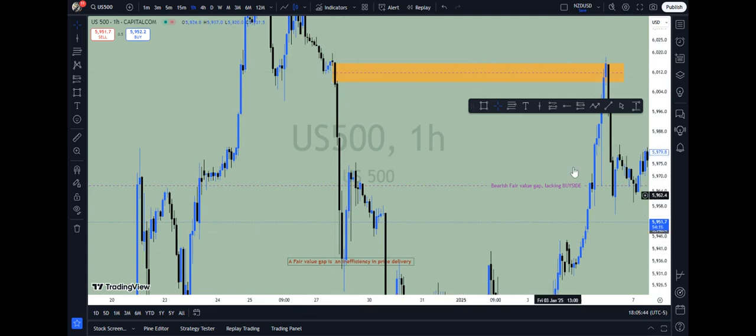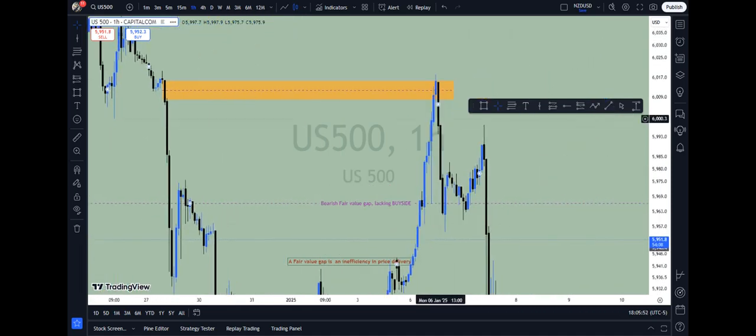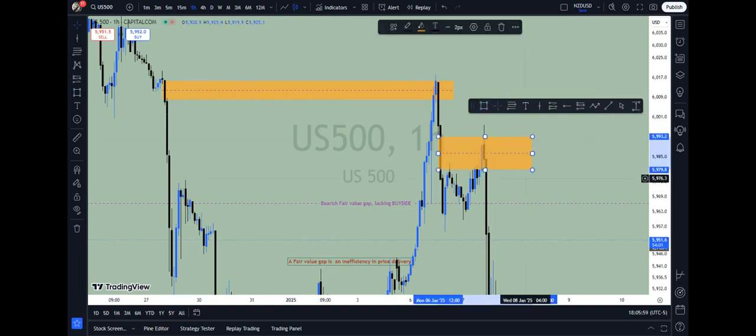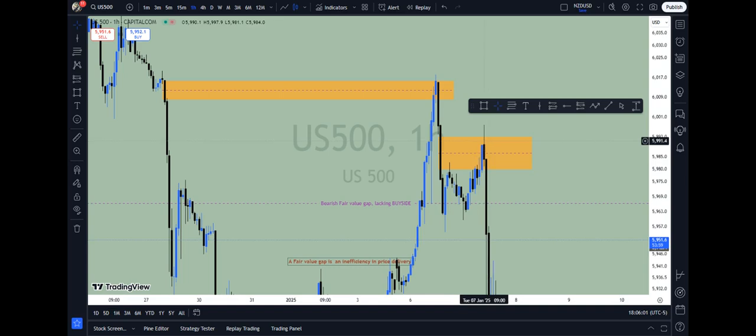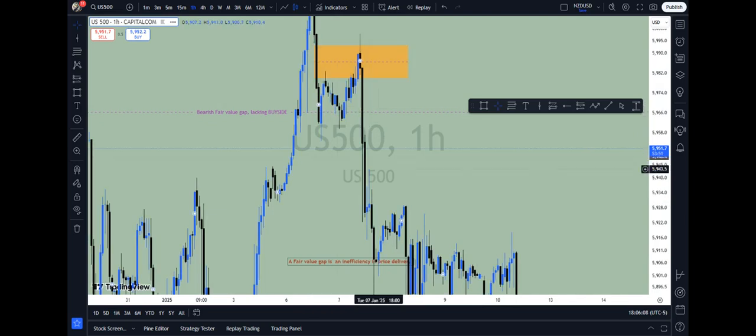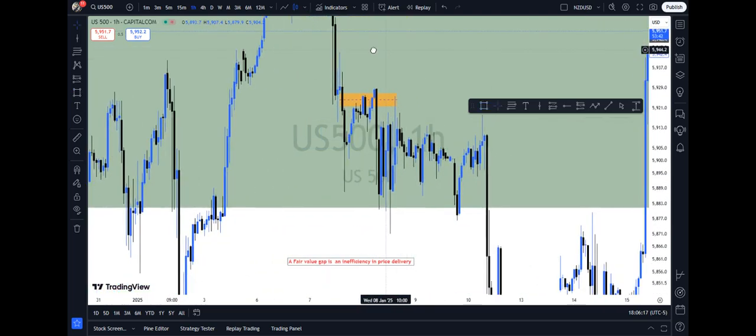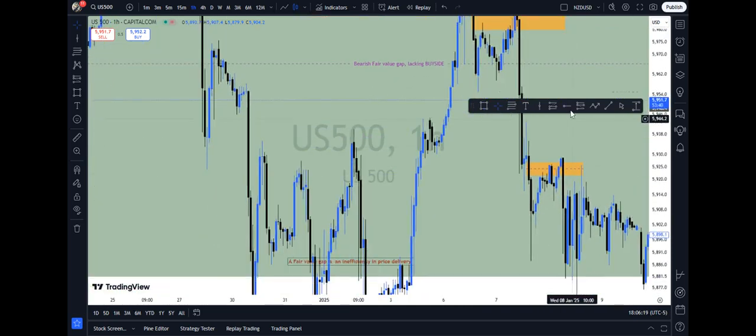Price went higher, higher, higher, went to the fair value gap, dug lower, gave us another fair value gap in here. Mind you, the body tells the story. The wick does the damage. Went downward, gave us another fair value gap here. And that's how.